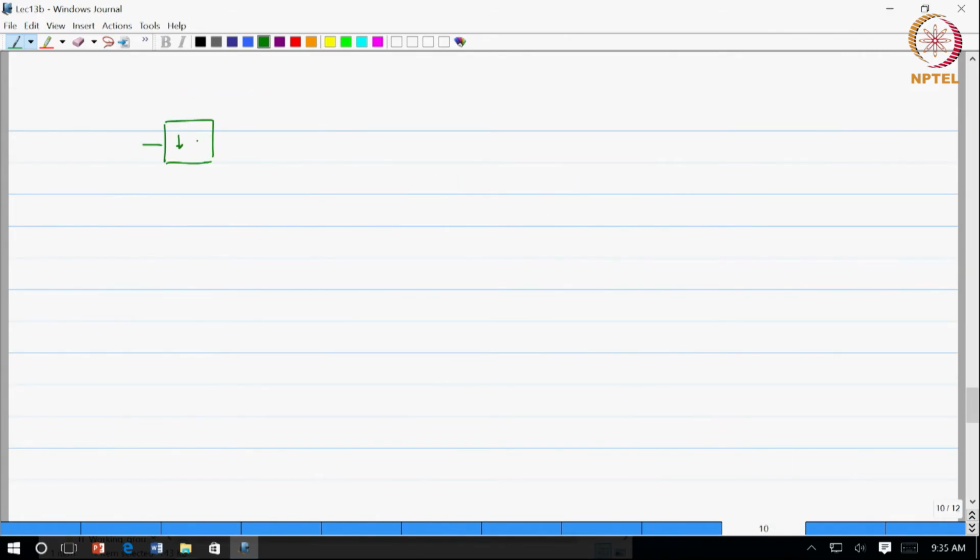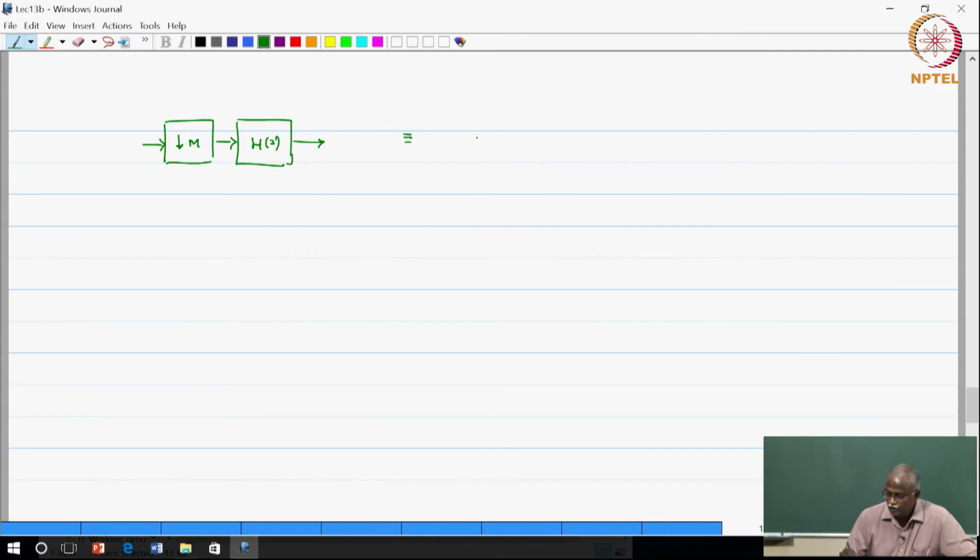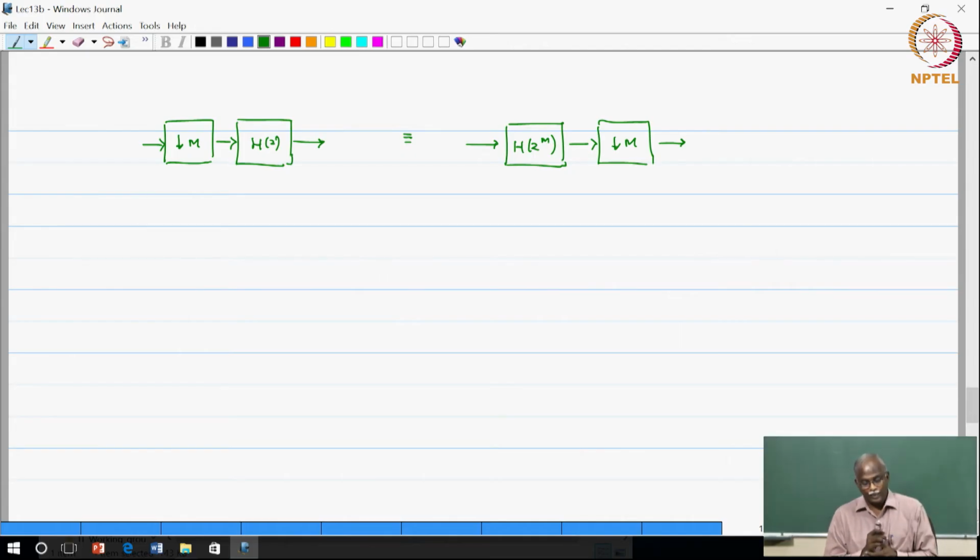Downsampling by a factor of m followed by h of z is identically equal to filtering by h of z power m followed by downsampling by a factor of m. These two are identical. Okay.